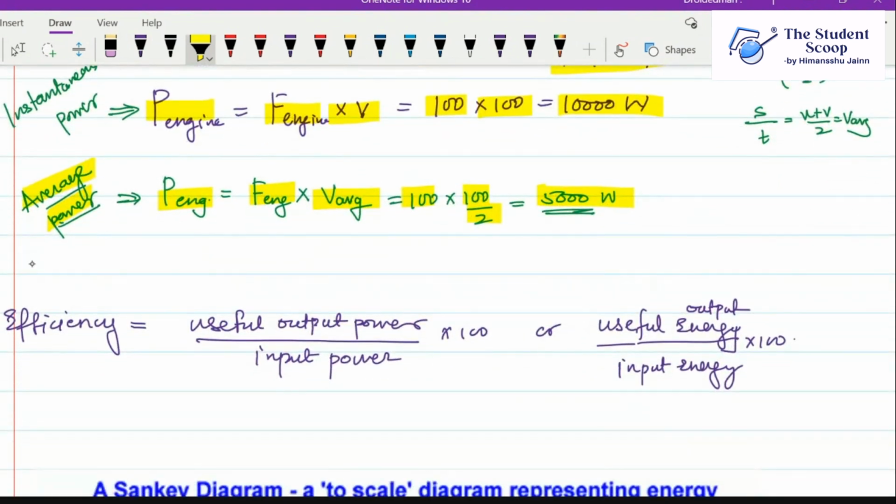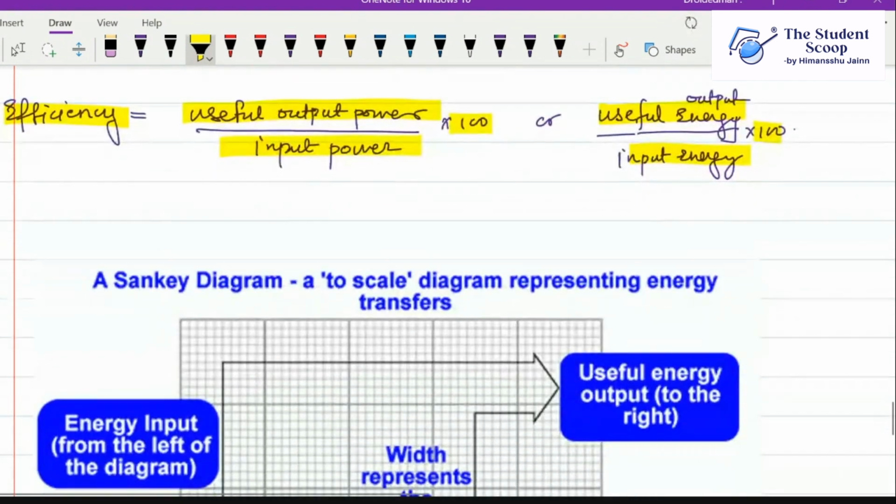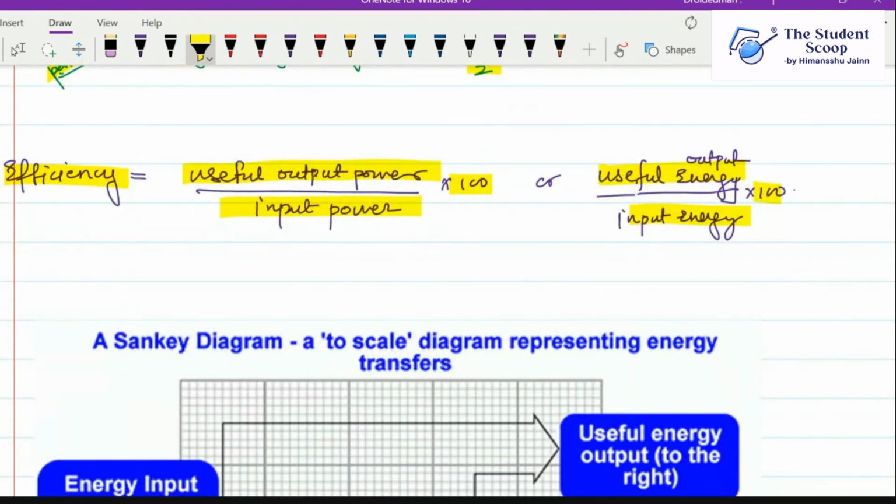So for average velocity, I will always divide it by 2 to get the average value of power. Then the last thing is the efficiency. Efficiency can be written as useful power output over input into 100, or useful energy output over input into 100. Okay, the Sankey diagram. Whenever there is some kind of efficiency involved in a process, you can use a Sankey diagram to express these processes. Okay, so a Sankey diagram is a to-scale diagram that represents energy transfers or transformations.